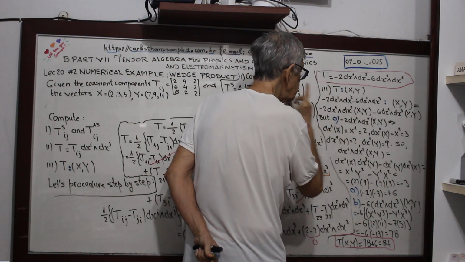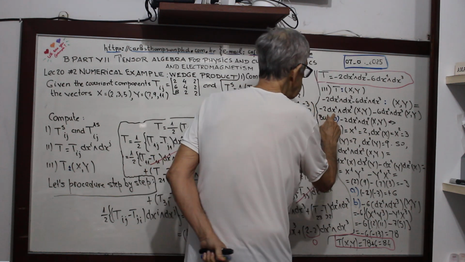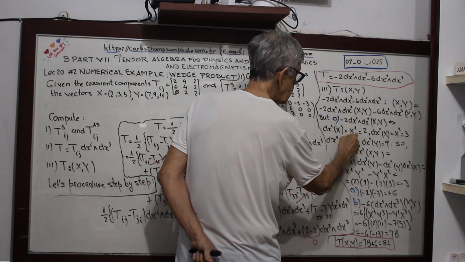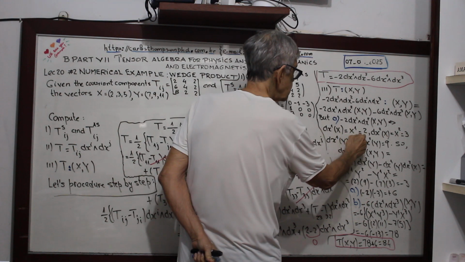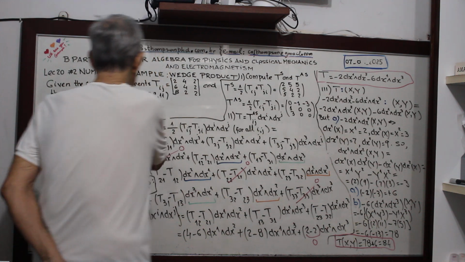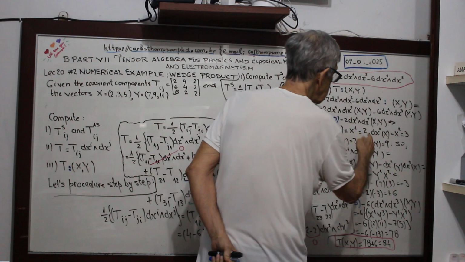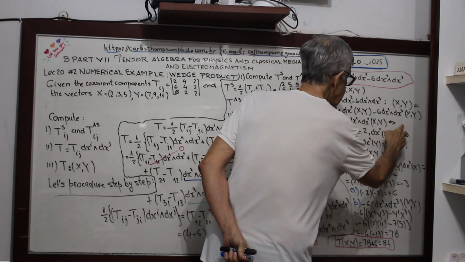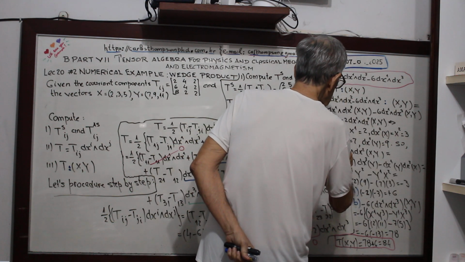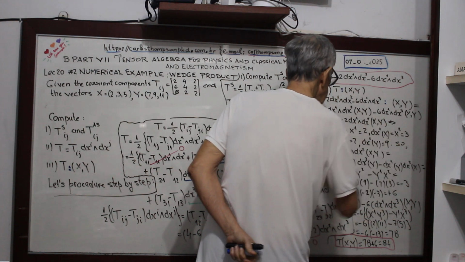Remember, dx1 acting on x is x1, the component. Likewise, dx2 on x is x2, which is 3. You see it written there. dx1 on y is 7, dx2 on y is 9. That's clear.